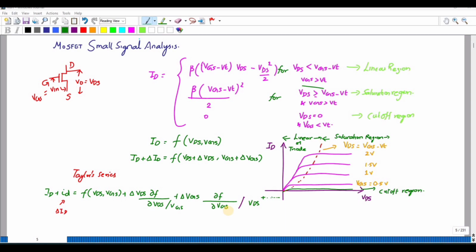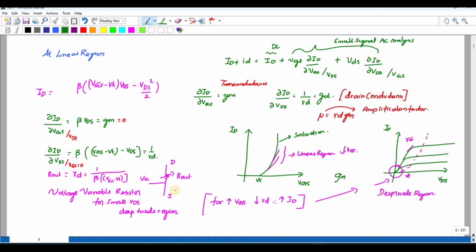The terms dou ID by dou VGS is your transconductance, and dou ID by dou VDS is nothing but the drain conductance GD.